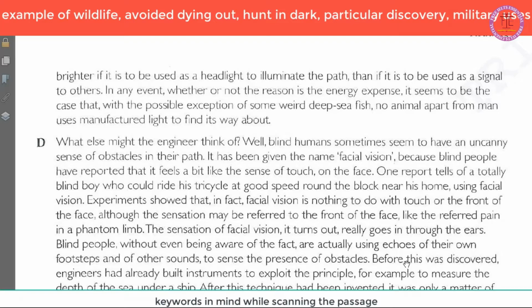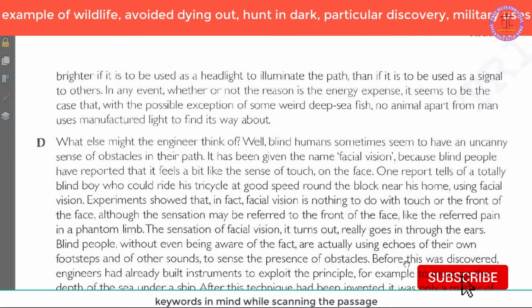In any event, whether or not the reason is the energy expense, it seems to be the case that, with the possible exception of some deep sea fish, no animals apart from man use manufactured light to find their way about.